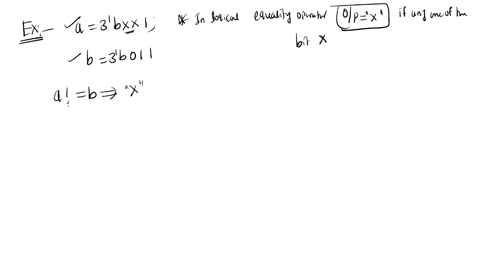Next, let us take case equality. A equal to 3 tick binary 101 and B equal to 3 tick binary x01.